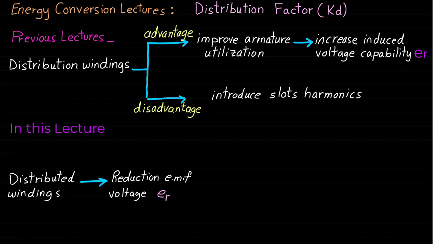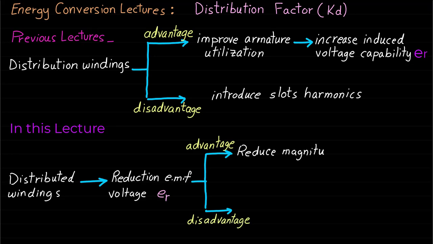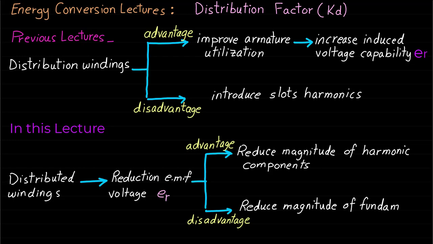Based on this reduction in the back EMF induced voltage, the distributed windings will have advantage and disadvantage. The advantage is reduction in the magnitude of the harmonic components of the induced back EMF voltage ER, and the disadvantage is reduction in the magnitude of the fundamental component of the induced back EMF voltage ER. Let's get into the details.